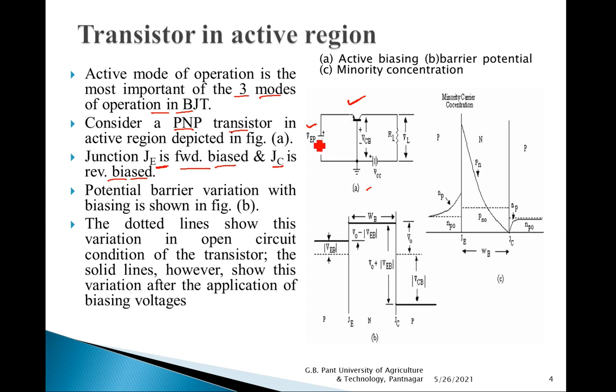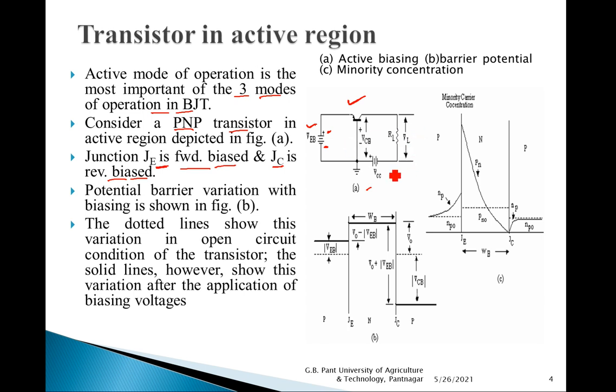So we have connected the biasing voltage such that the positive terminal of the battery is connected to the emitter side, which is p-type, and the negative terminal is connected to the n-type base. In this way JE is forward biased.